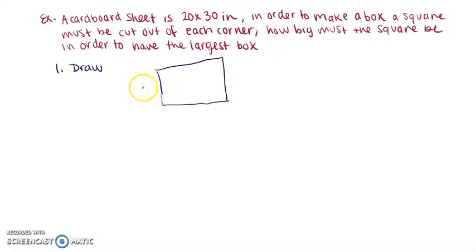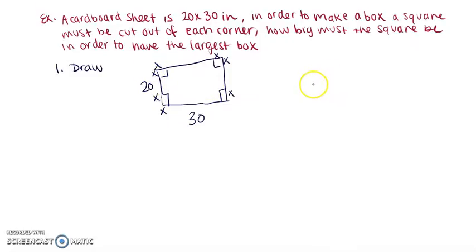And this side here will be 20, and this side here will be 30. Now we're going to cut a square out of each corner like this. And since we're trying to find the size of the square, we will have to set each side equal to x. So there's x right there.